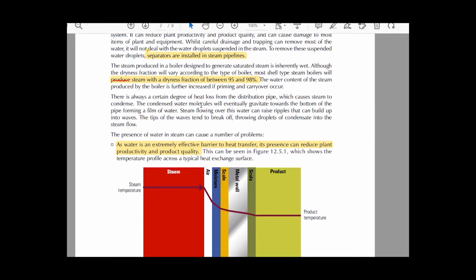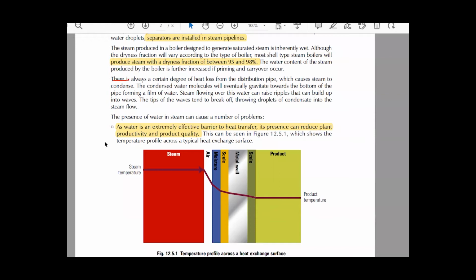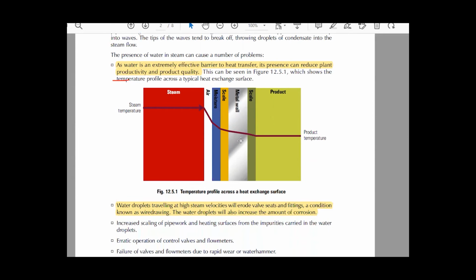Here I explained the effect of water entering the steam and how it can damage the valves and plugs and cause water hammering, and decrease the heat transfer coefficient, which leads to a decrease in the efficiency of the steam in transferring heat to another fluid to make it useful.